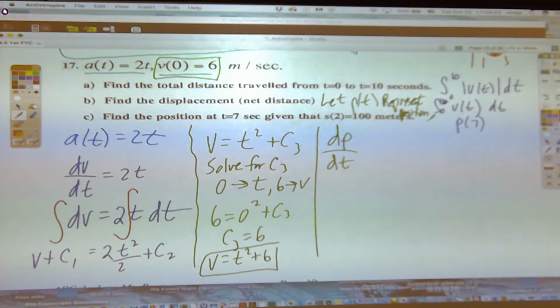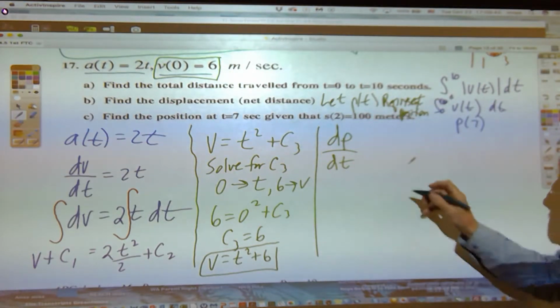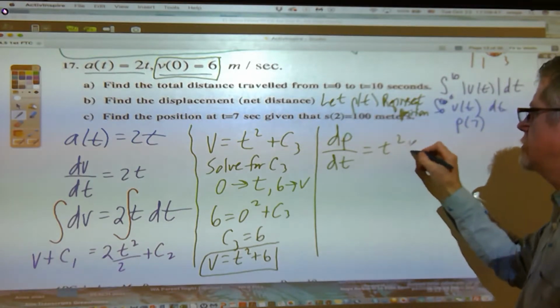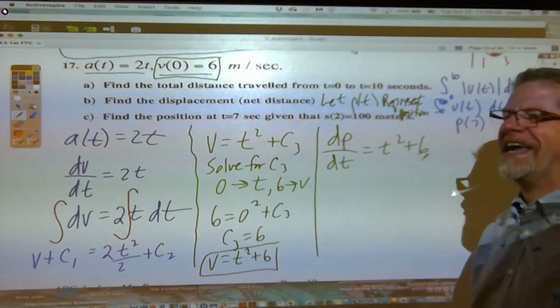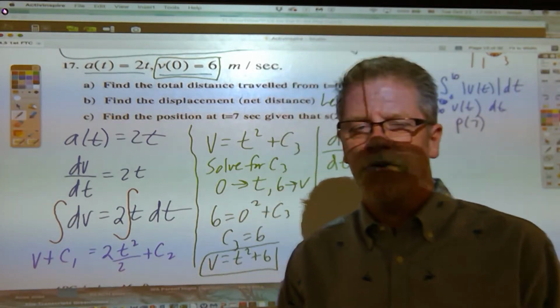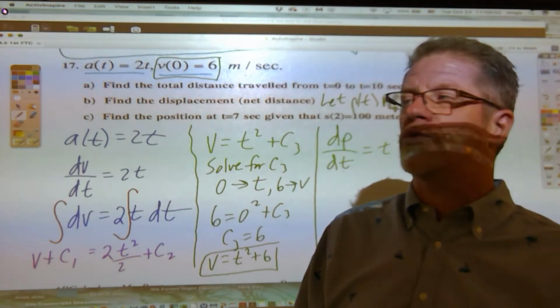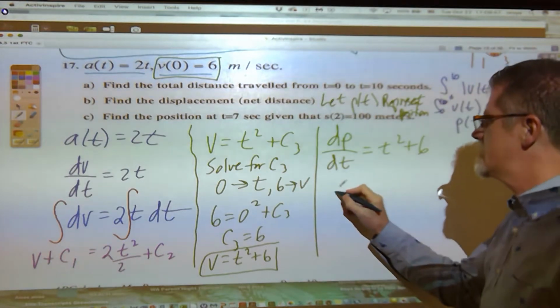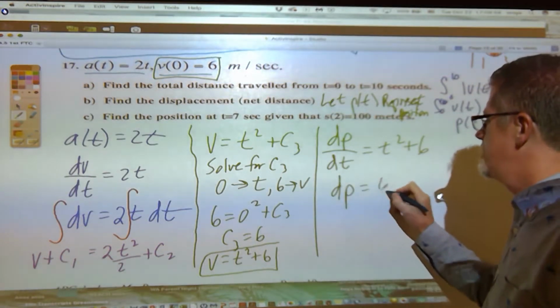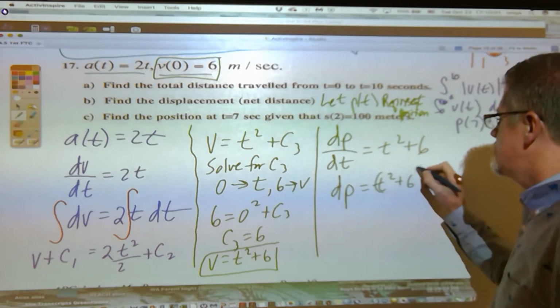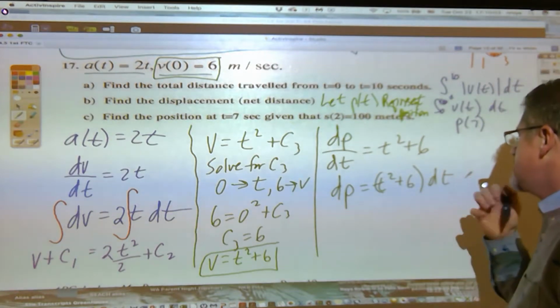So velocity is the derivative of position with respect to time, equals t squared plus 6. Once again, we are going to solve this differential equation using separate and integrate. So here we go, separate. P's on the left, t's on the right. That includes dt.